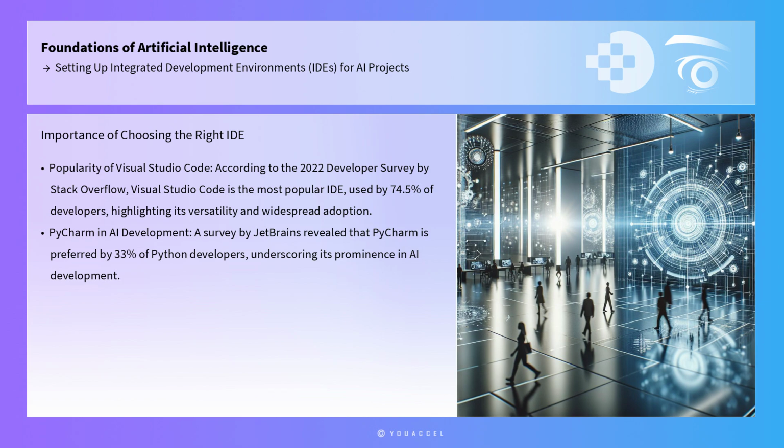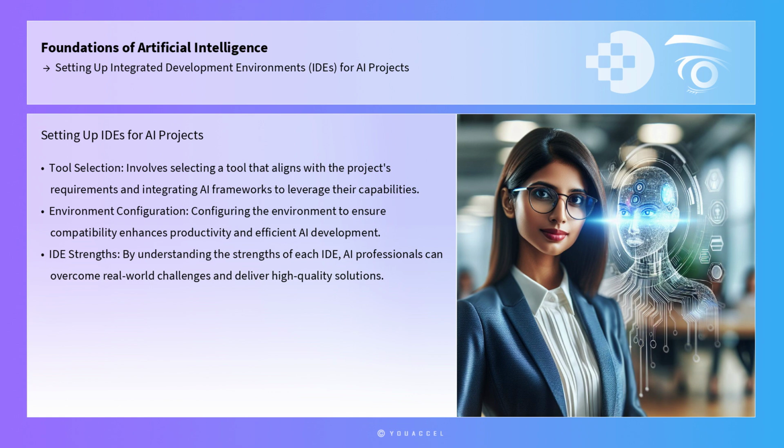In conclusion, setting up an IDE for AI projects involves selecting a tool that aligns with the project's requirements, configuring the environment to ensure compatibility, and integrating AI frameworks to leverage their capabilities. Practical tools like PyCharm, Jupyter Notebook, and Visual Studio Code offer diverse features that enhance productivity and facilitate efficient AI development.